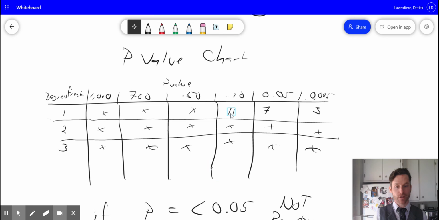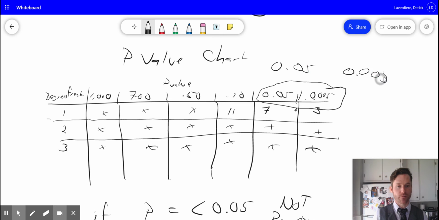I got 11, I got 7, I got 3. So I know that 4 is in between 7 and 3, so it's going to be right about here. I'm going to drag that up, and so I know that my p-value is somewhere between 0.05 and 0.005.